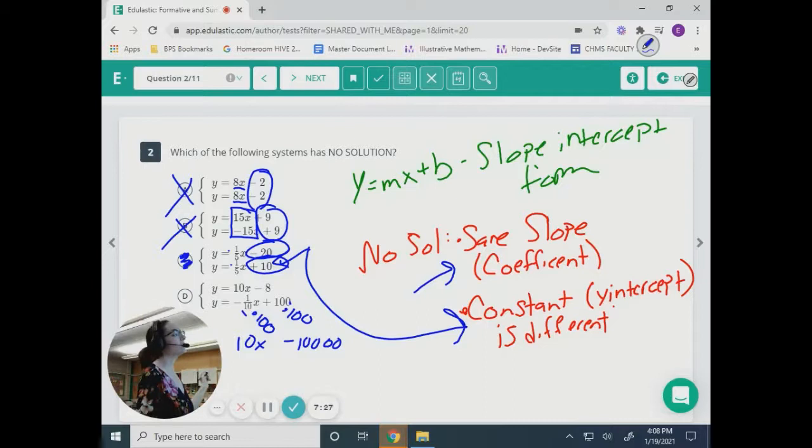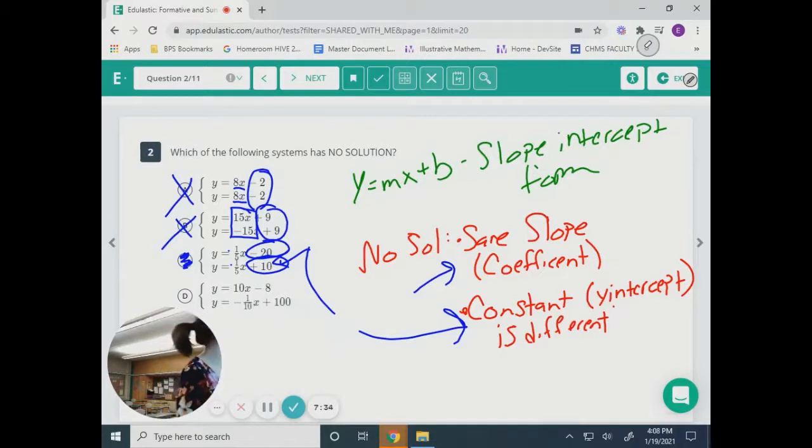Too big. So this guy is not it. I would say no on this guy as well, because we have different coefficients and different constants. So no go on that guy. So C is our answer here.